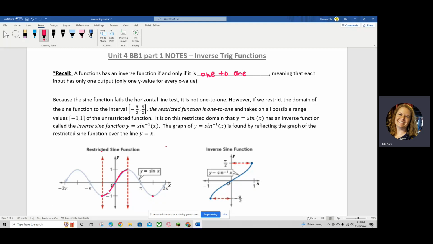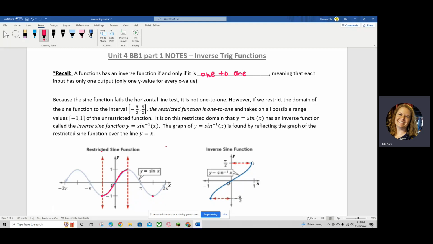But remember, x and y switch when you do an inverse. So here in the parent function, the sine function, your domain is negative pi halves to positive pi halves, and the range is -1 to +1. But when we flip that, for the inverse function, the domain is -1 to +1, and the range is -pi halves to +pi halves.